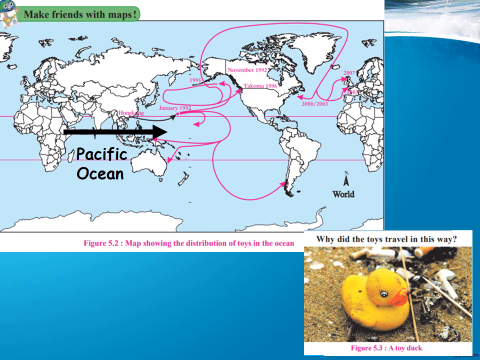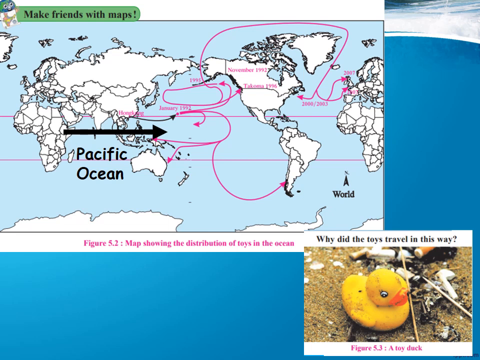Around 28,000 rubber toys started floating on the ocean. This incident occurred on 10th January 1992.